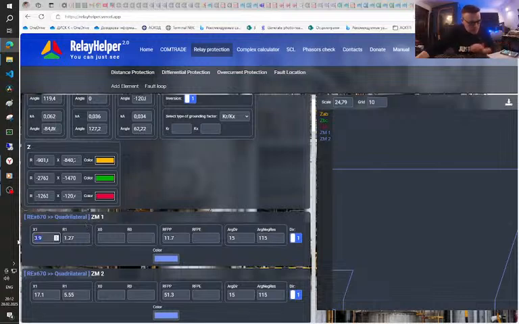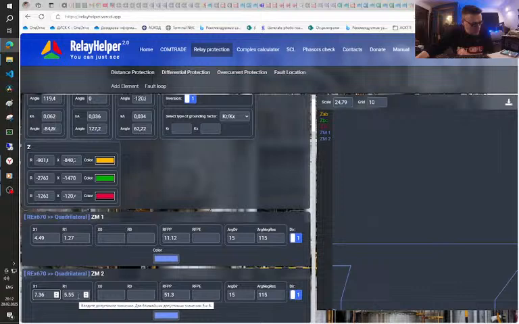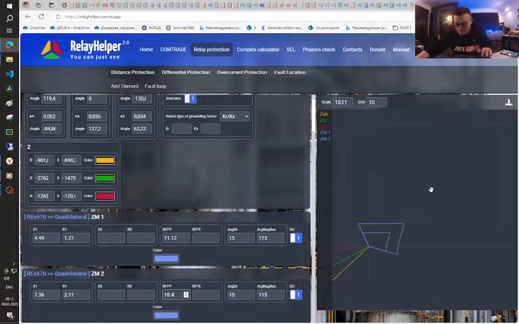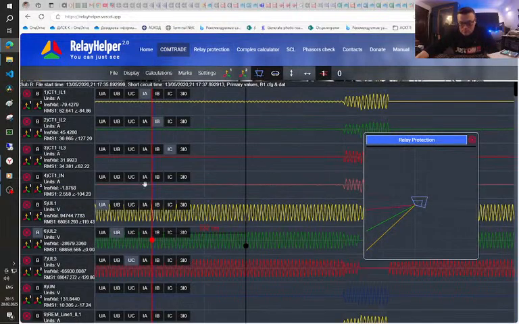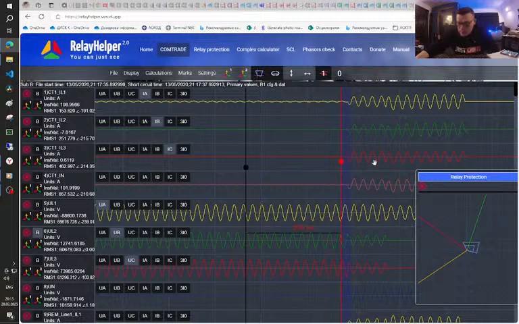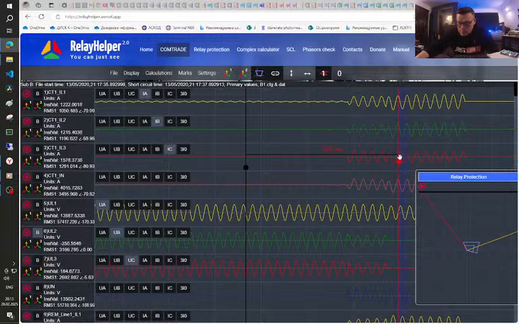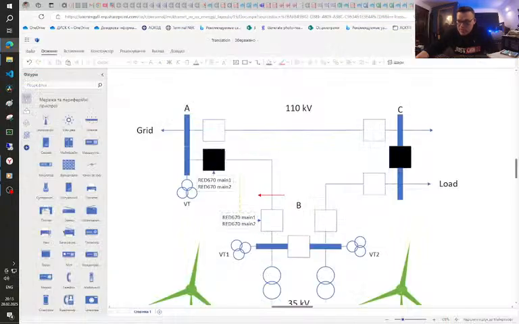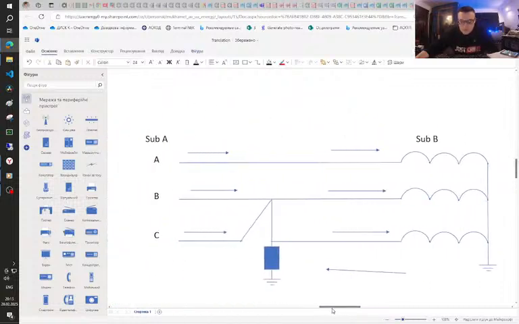So my first zone is a bit different. And you see the impedances, and this is one more proof that we see such power flow in the primary scheme.